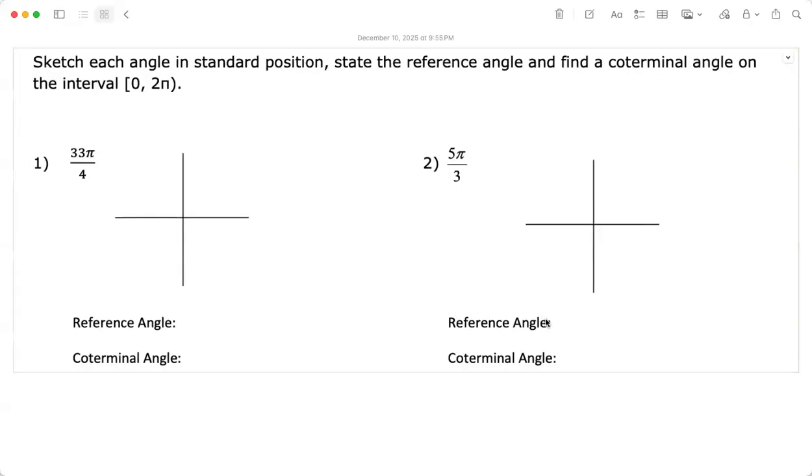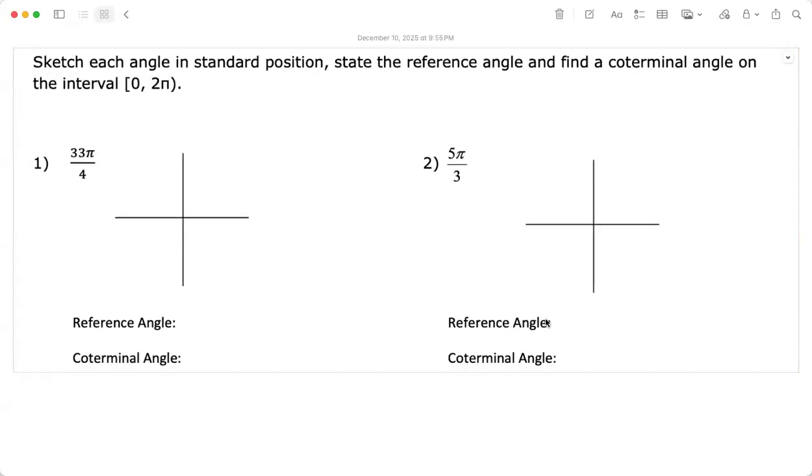I'm checking. Hold on. See, reference angle as well looks like they have shared with you, right? Okay, nice. You have the key for this as well? Yeah, I do. You share that, it's easier that way.